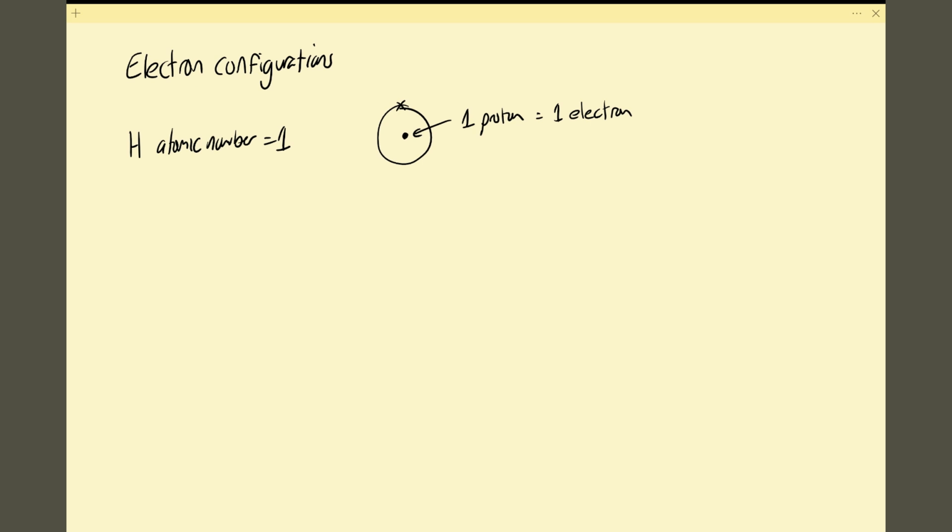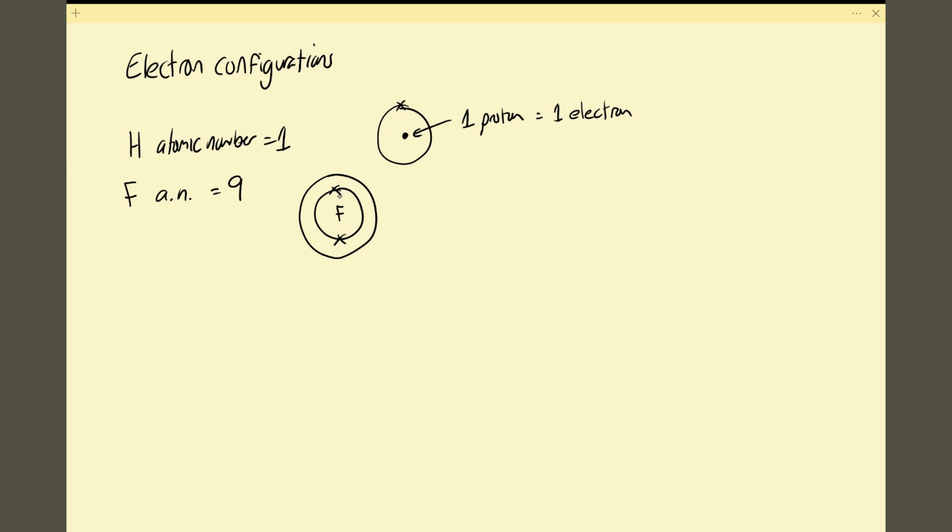Now, if we pick some other element, let's say fluorine. The atomic number is 9, so it has 9 protons in the center. Instead of drawing all the parts in the center, I'm just going to write a little F, and then put in the electrons around it. Now I need to fill in 9. Remember that we can fit 2 in the first shell, and then up to 8 in the next.